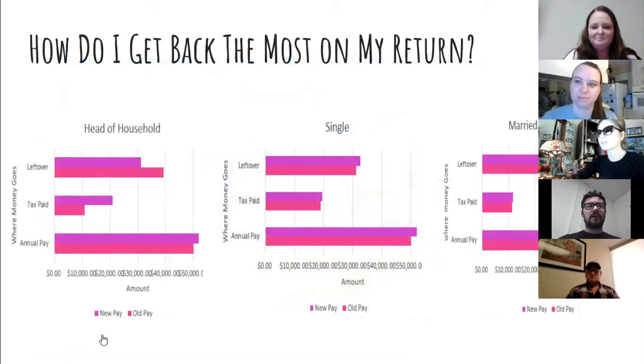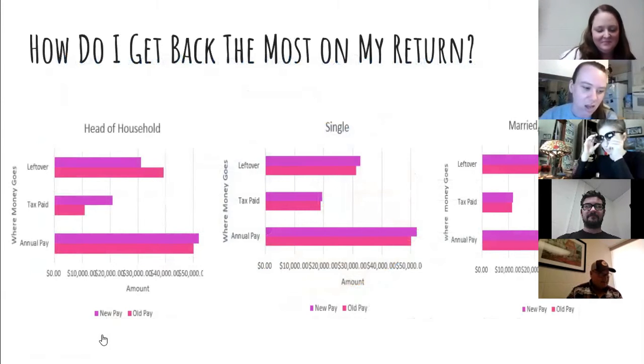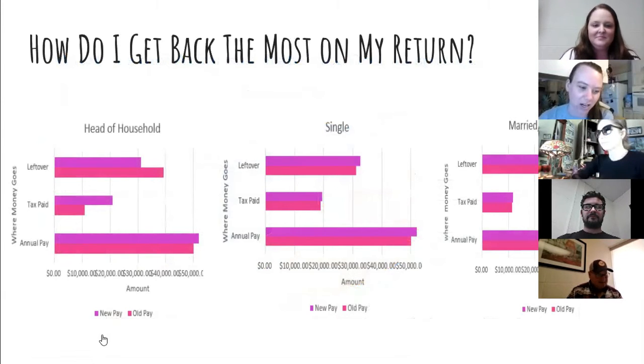Hey, Medlock, how do I get back the most on my return? Income tax bracket. As your income goes up, portions of your income are subject to different tax brackets that progressively increase the percentage of the tax you pay on that income.